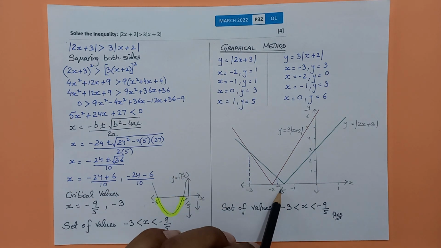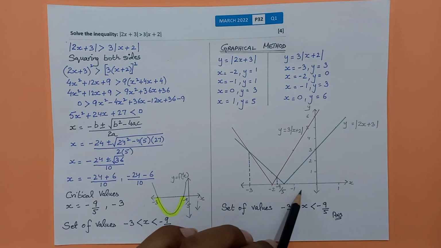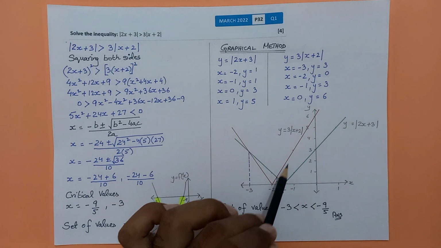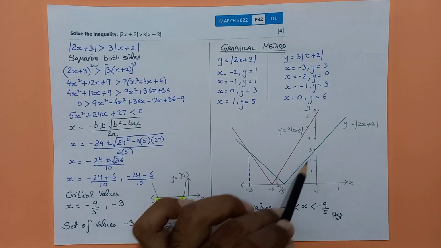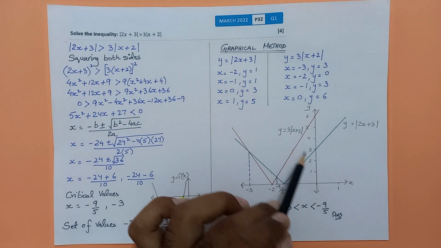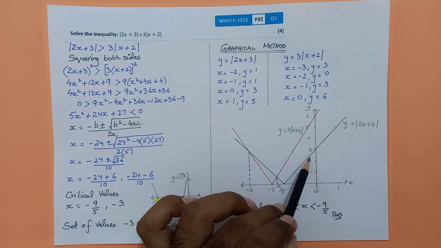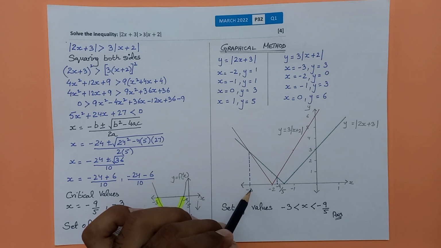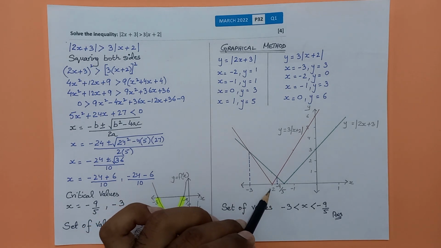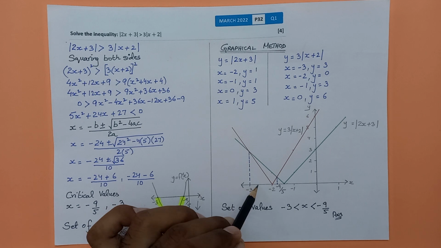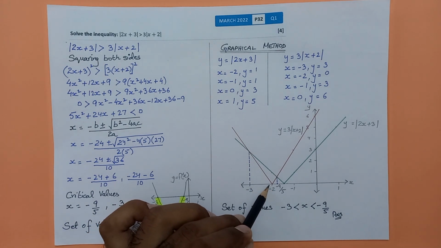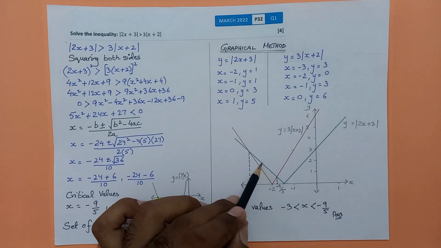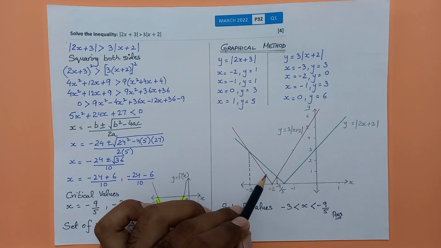Or if we take any value greater than -9/5, it is observed that the red line is above the green line. That means the red line is greater than the green line. Or if we take any value in between -3 and -9/5, that means greater than -3 and less than -9/5, it is observed that the green line is above the red line.